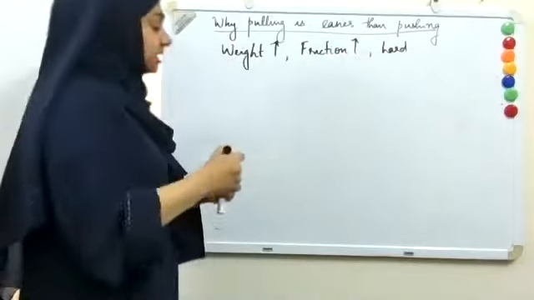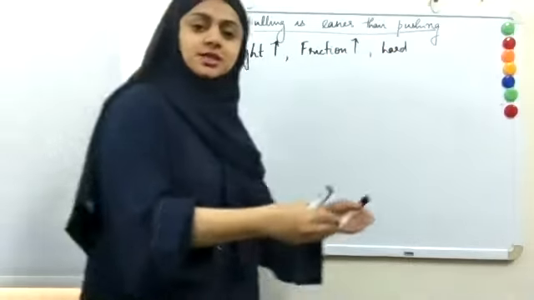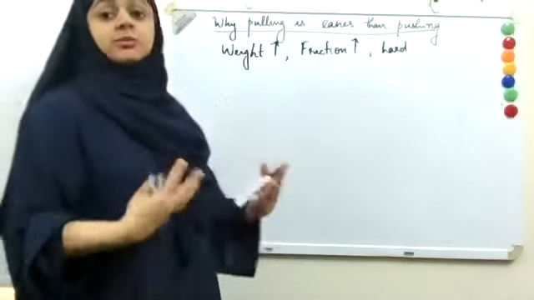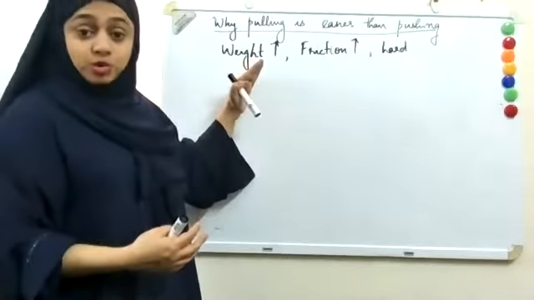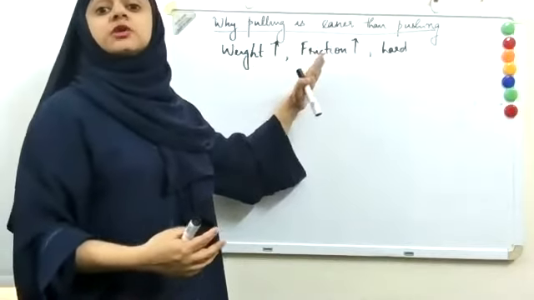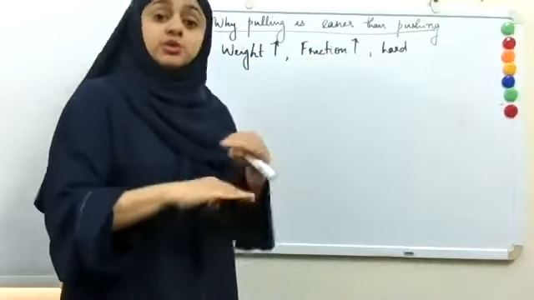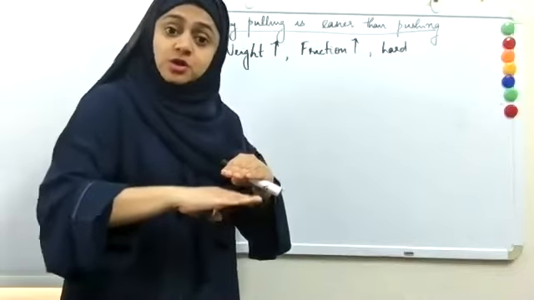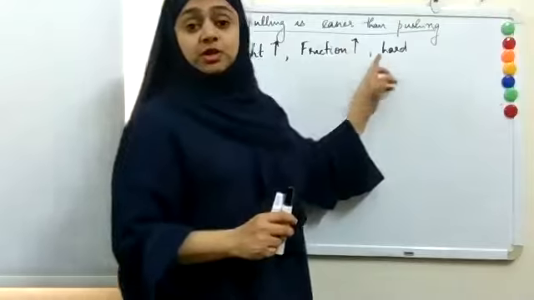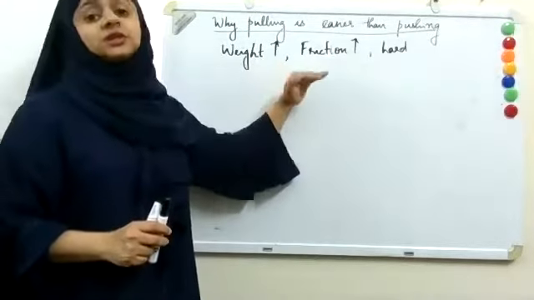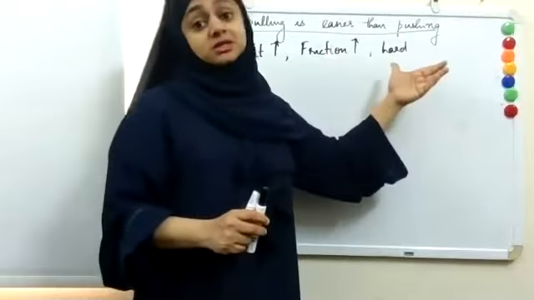This is the case. That is why we can easily move a light object, but it's very hard to move a heavy object. If there is more weight, what happens? There will be more friction between the body and the surface on which it is moving, and therefore it will be hard to move. Now, if it is light, friction will be less and we can easily move.